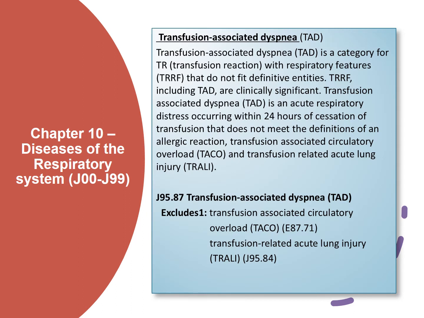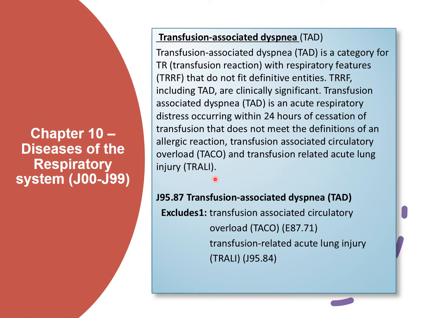Next one is transfusion associated dyspnea. It is a transfusion reaction and it is an acute respiratory distress occurring within 24 hours of cessation of the transfusion that does not meet the definitions of an allergic reaction, transfusion associated circulatory overload and transfusion related acute lung injury.